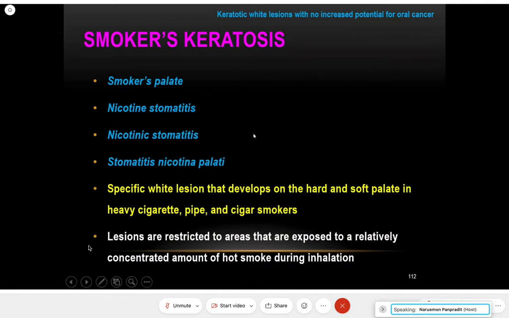Another name is smoker's palate, nicotine stomatitis, or stomatitis nicotina palati. It relates to smoking. This looks awful. It may look like cancer, and it's possible to have cancer, but this has no relation to malignant change. The lesion is restricted to the area exposed to smoking, like the palate, which receives the heat and the chemicals.